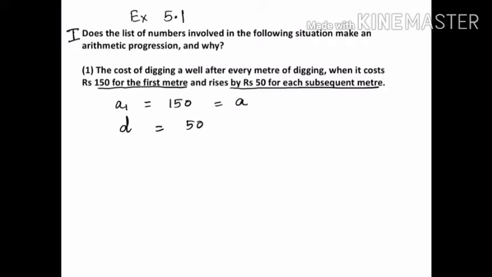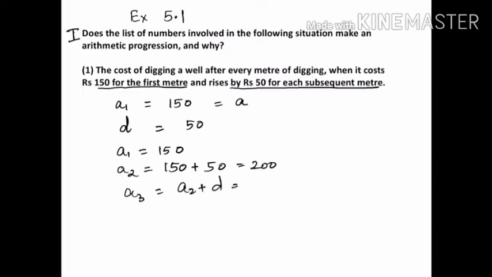So the first term is A1, which is 150. A2 is 150 plus the common difference, 200. A3 will be A2 plus D. That will be 200 plus 50, 250.